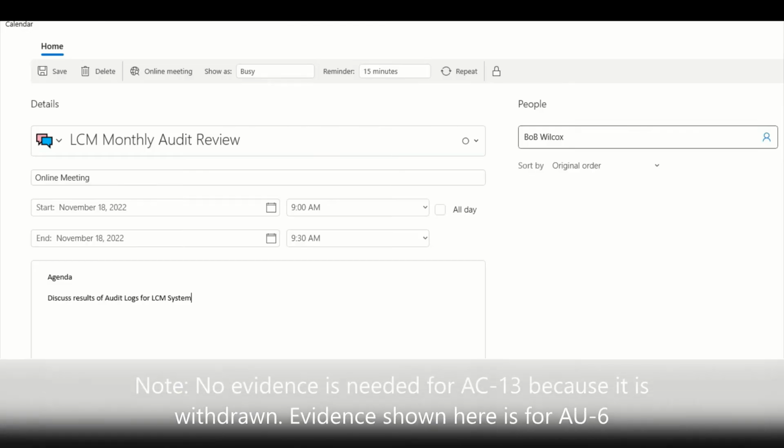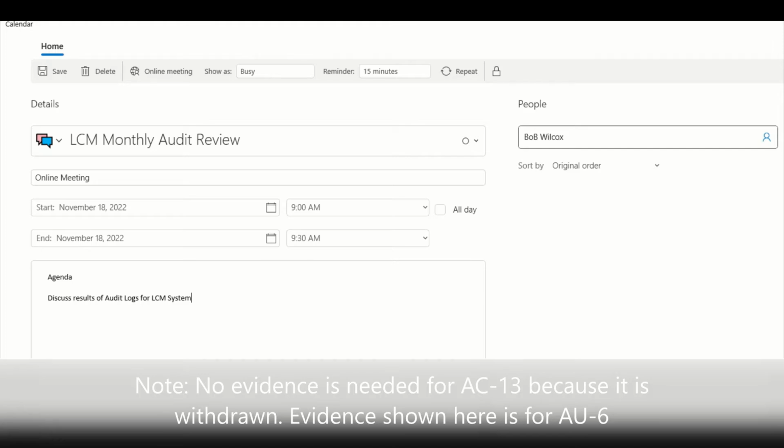So here is an acceptable piece of evidence. All right, so you're looking at a screenshot of an event that has been set up for LCM monthly audit reviews. This screenshot will show that there is a plan in place to actually review these audit logs on a monthly basis.